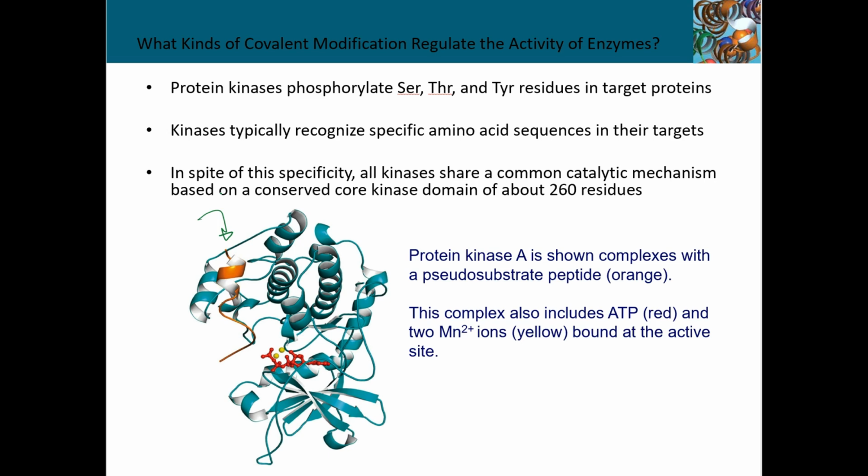And this kind of pseudosubstrate peptide is one of the key ways PKA and other kinases are regulated. Sometimes the body needs to provide a substrate in replacement, but it's a very specific replacement peptide versus the actual target peptide.